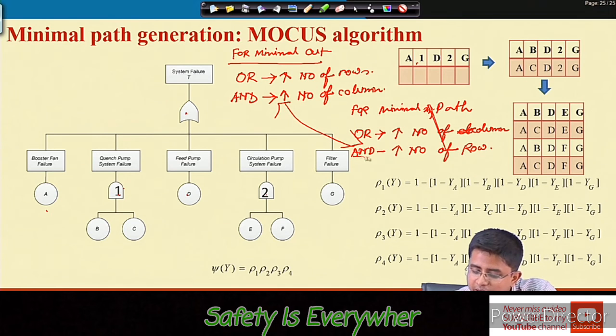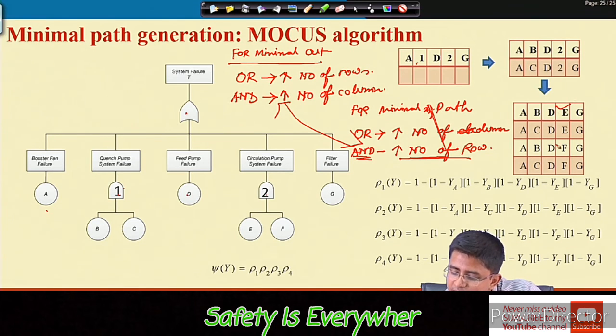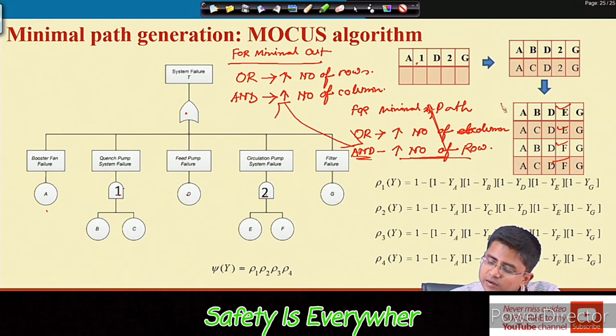So, for the AND gate we have to increase the rows. So, for 1 we have written A, B and C. So, we have increased the rows. Then again for 2 we have written E, F, E, F. So, in this manner you will get the path sets. So, these are all path sets.